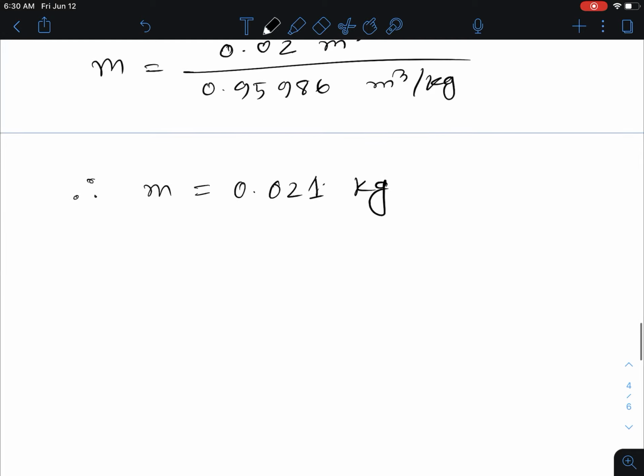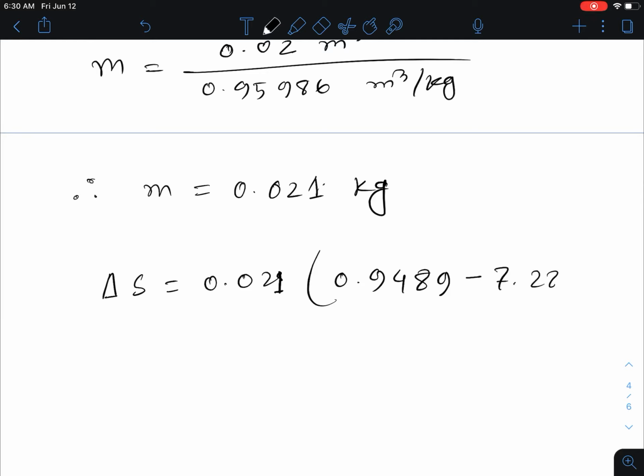Now we can calculate the change in the entropy. The change in the entropy is 0.021 times the entropy at state 2, which we got as 0.9489, minus the entropy in state 1, which we got as 7.281, right?